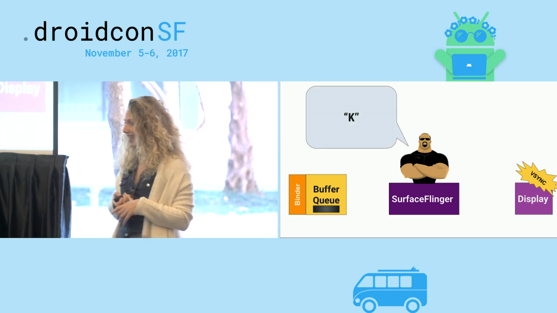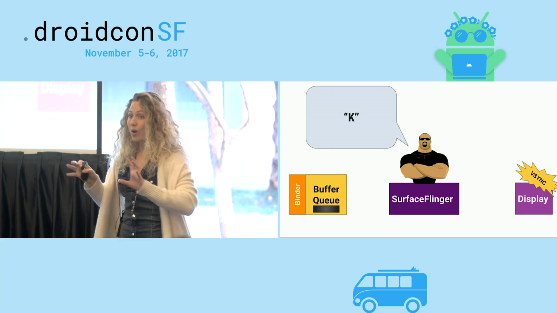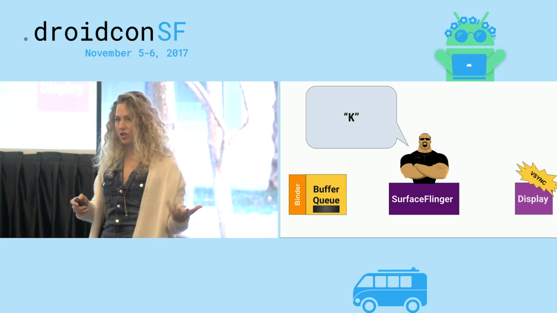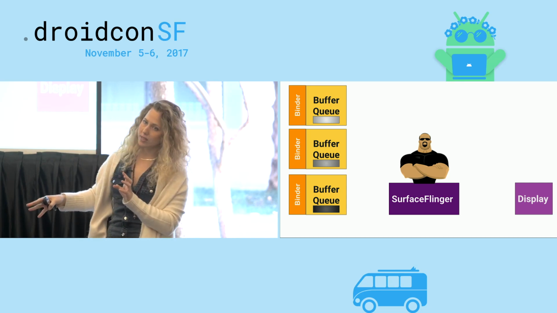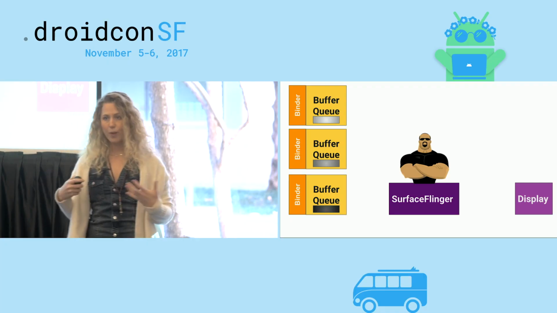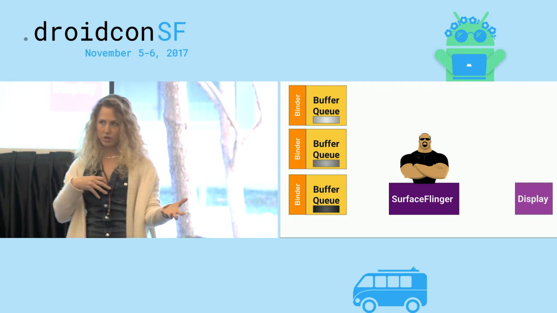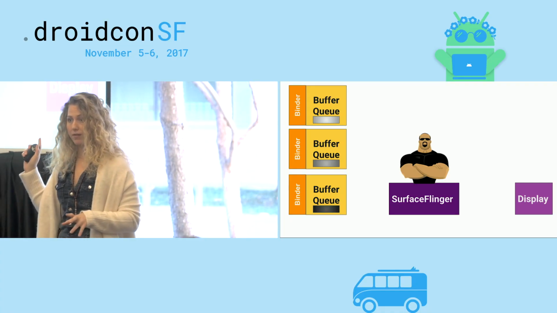OK, so Surface Flinger now goes to all of the surfaces. We saw that he has many surfaces, not only the apps. He goes through all of the surfaces, through all of the buffer queues. And he asks each buffer queue, OK, do you have a new buffer for me? If yes, he just takes it. If no, then he uses the first one. We saw on the vsync how it works.